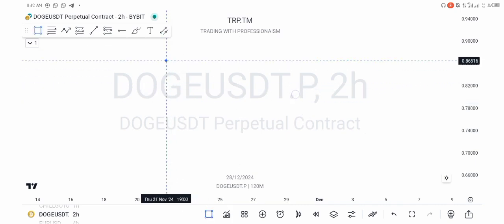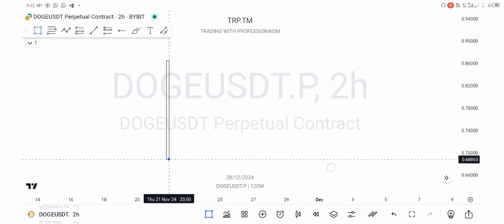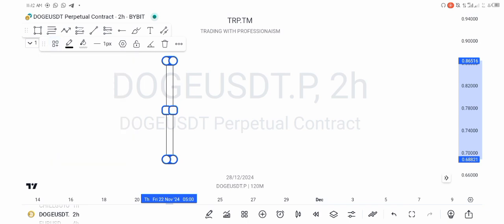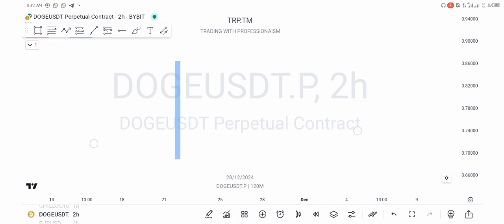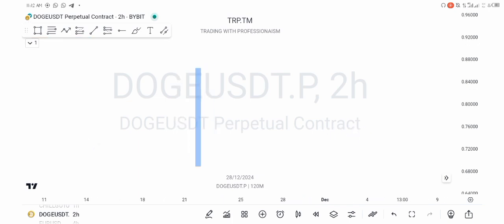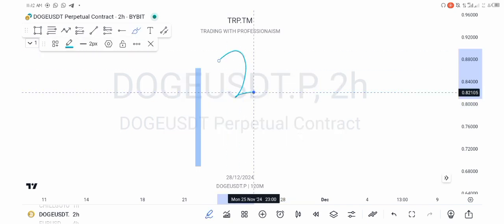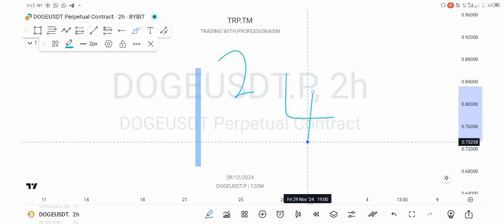So every candle you see on the 4 hour consists of two candles in the 2 hour. One candle in the 4 hour is two candles in the 2 hour and four candles in the 1 hour.